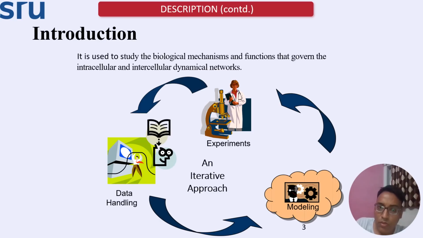Whenever we do this analysis, what we need to do first is data handling. We extract all the required data. As we discussed in the last session, we use network pruning and other methods to extract the required data, but all that comes under data handling.